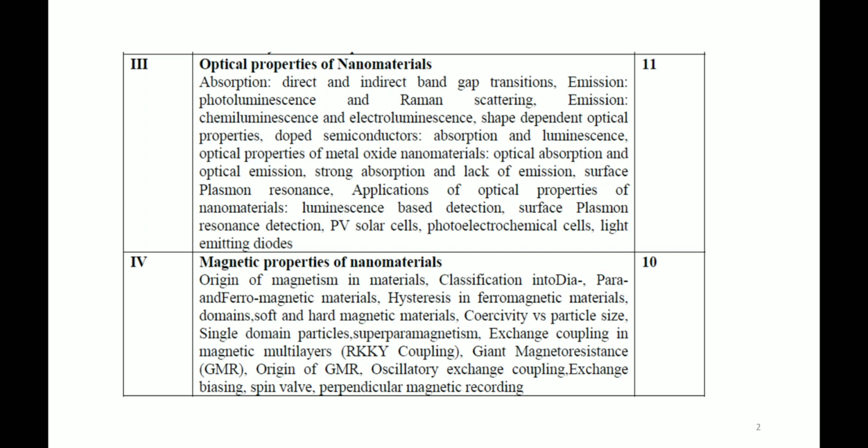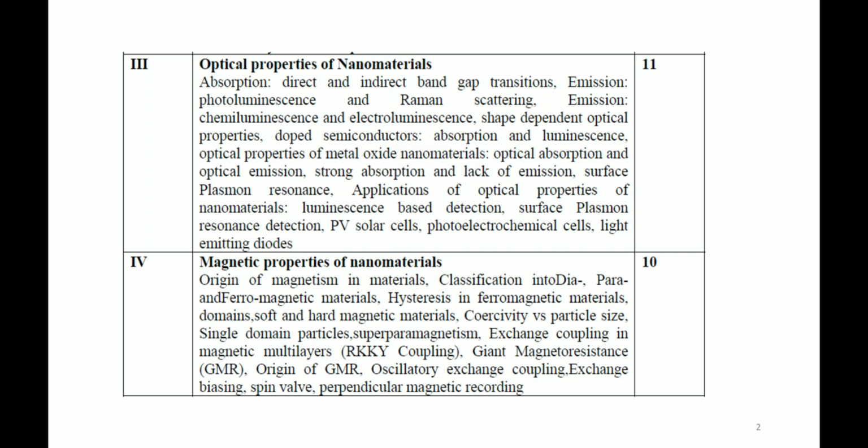So as we can see, we are aware of the magnetic materials. We will start from the origin of magnetism. We will start from the atom and how a particular atom can be magnetic or non-magnetic.